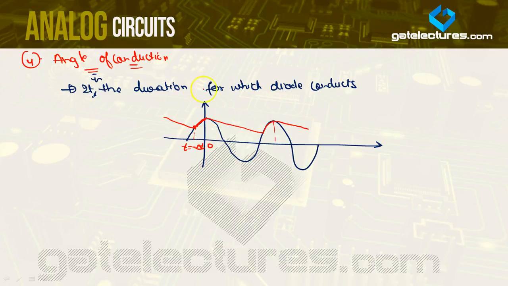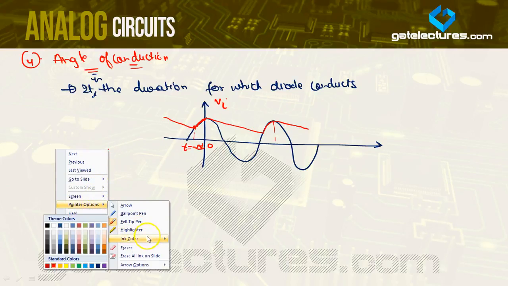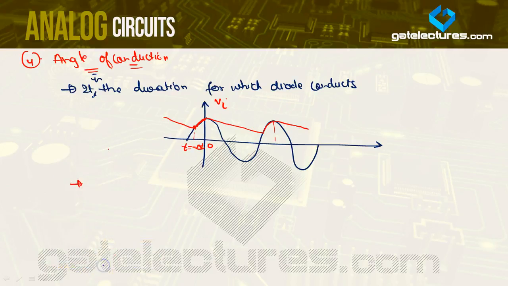Vi. So let's say this is Vi. So we can say that the diode conducts for t is equal to delta t duration. So we can say that the diode conducts from t is equal to minus delta t to t is equal to 0.